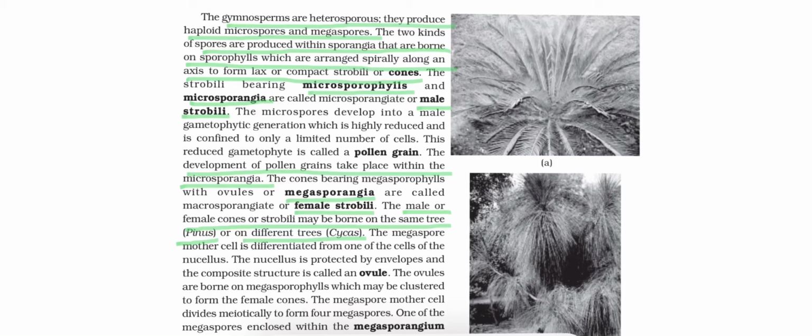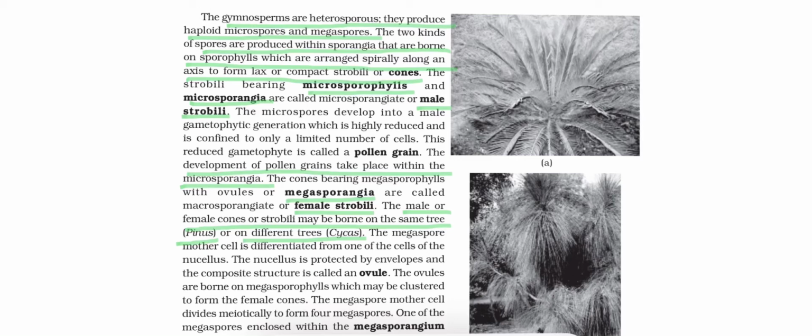We are talking about the sporophytic phase, and they produce haploid microspores and haploid megaspores. Micro means smaller, mega means bigger. So microspores will be a part of the male gamete, and megaspores will be a part of the female gamete. So here the two kinds of spores are produced within the sporangia.